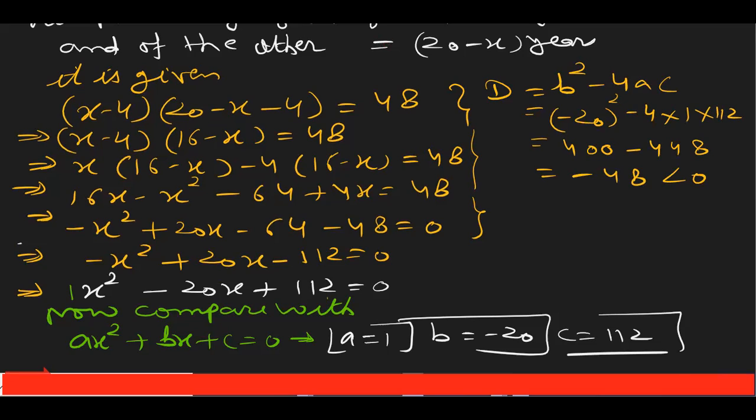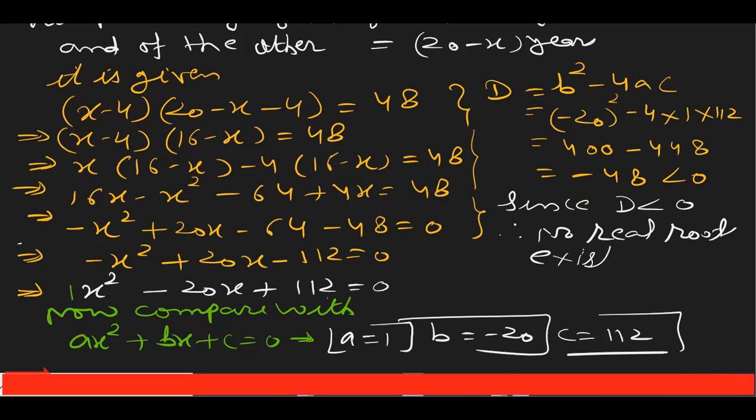So we can write here, since discriminant is less than 0, therefore no real root exists. So what is the result here?